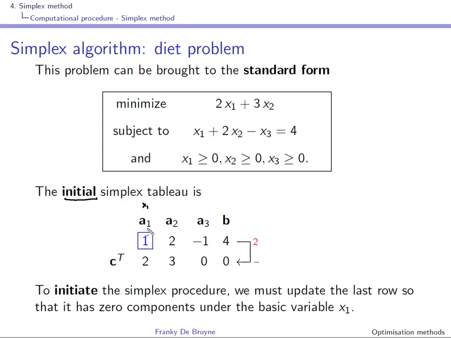But anyway, since we have chosen x1 to be basic, this is the pivot, and you can see that this tableau is not yet in canonical form, because if this is the pivot, we need to have a 0 below the pivot. So to initiate the simplex procedure, we have to do this row operation to create a 0 over here.